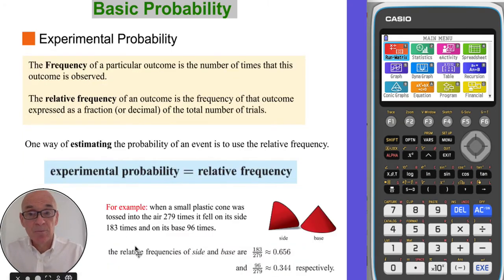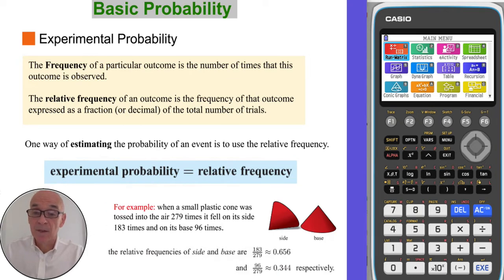In experimental probability, we might perform an experiment and collect data for the results. Look at the example at the bottom. When this red plastic cone was tossed in the air 279 times, it fell on its side 183 times and fell on its base 96 times, as shown.